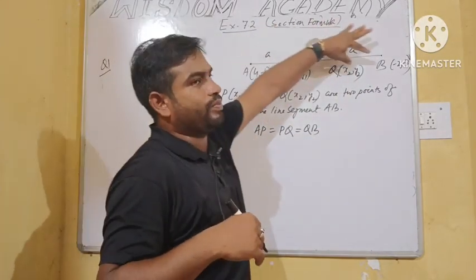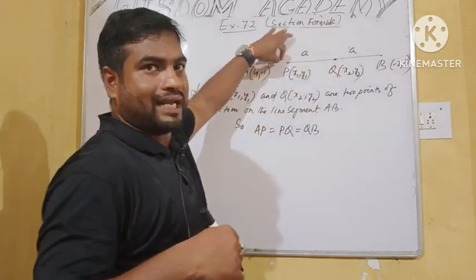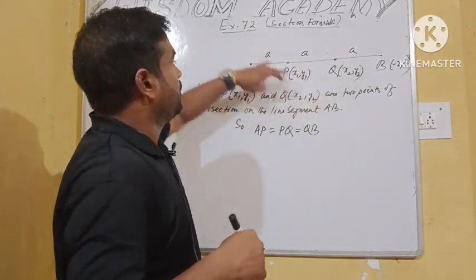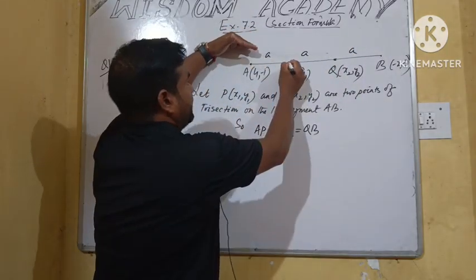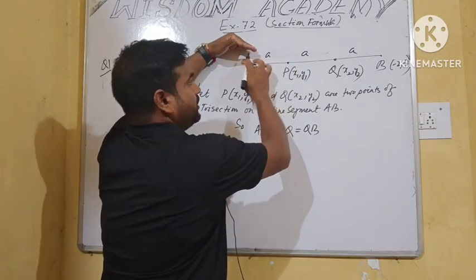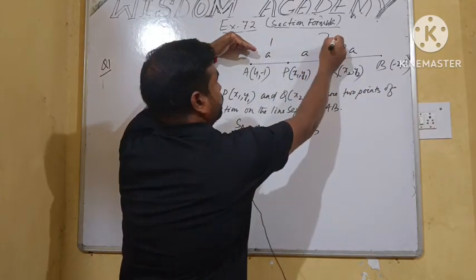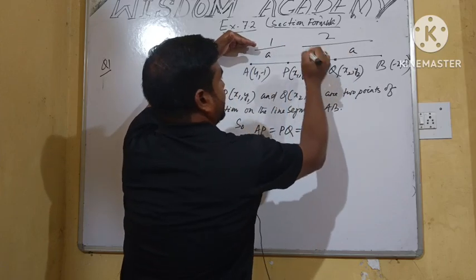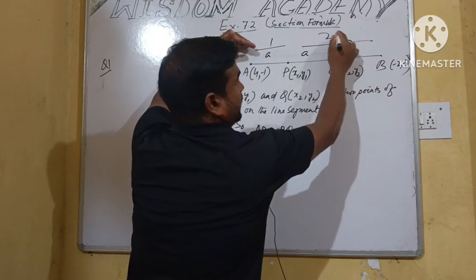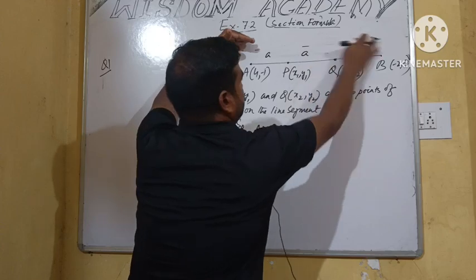AP, PQ and QB are the same due to trisection of this line segment. So P divides AB such that AP is a and PB is 2a. So the ratio is 1:2.